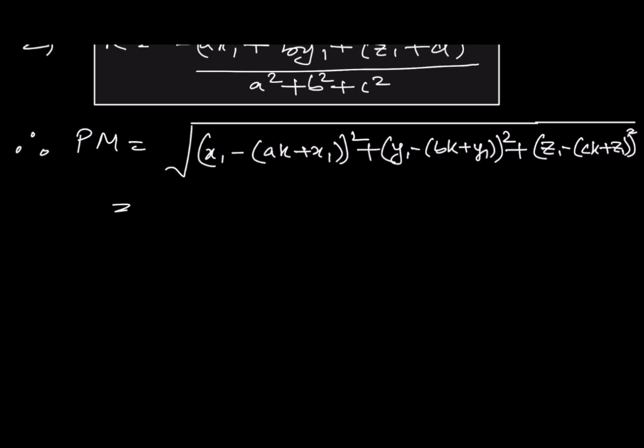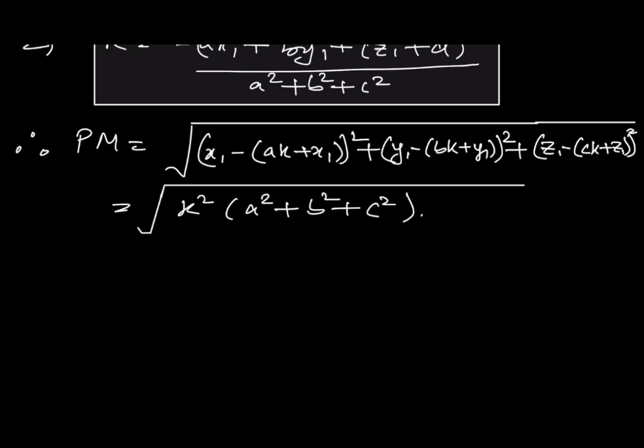So I can see these x1, y1, z1 will cancel out, and it will be inside root over a square k square plus b square k square plus c square k square, that is k square times (a square plus b square plus c square), or mod k times root over a square plus b square plus c square, right?